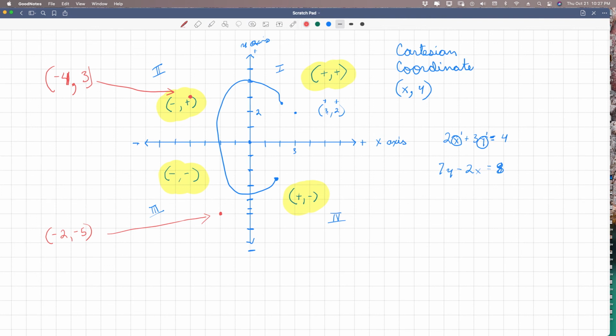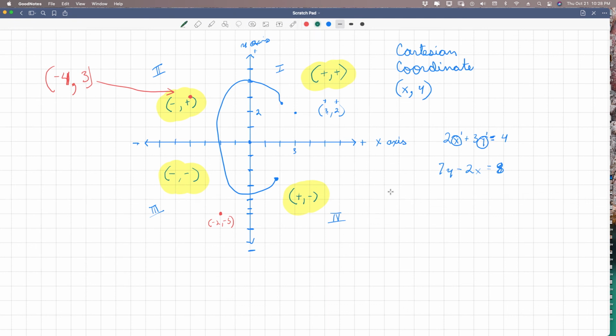And whenever we draw a point on our chart, we want to label it with our coordinate. We always want to put our label on there. So what we want to do is write this right next to it. So we would say -2, -5 right next to our point, right? What if we had a positive negative? Let's get this green pen here.